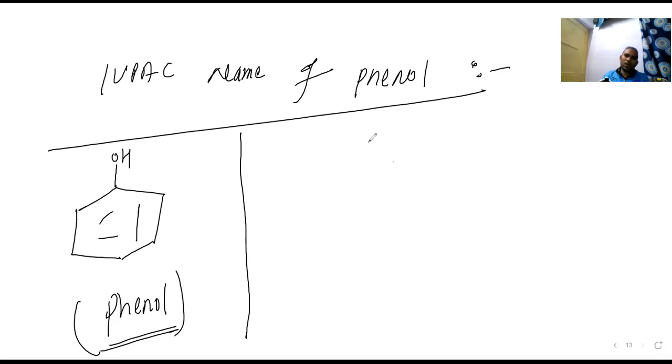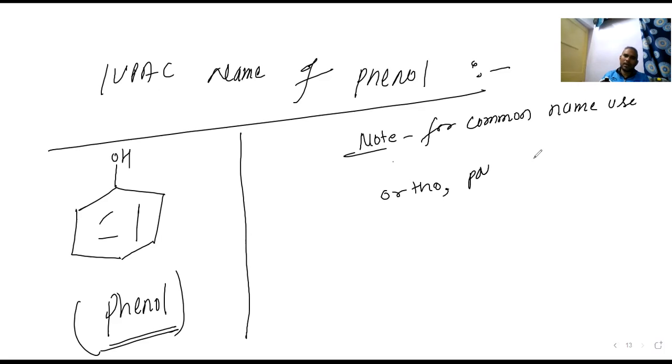there is a very important note for the common name. For common name, use ortho, para and meta. If this is the OH group, phenol is the IUPAC name, there is no doubt.